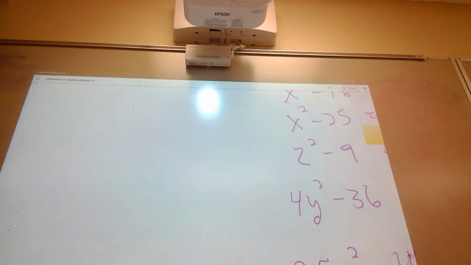25x squared minus 4. This is similar to the last one. We're taking the square root of 25, the square root of x squared, the square root of 4.